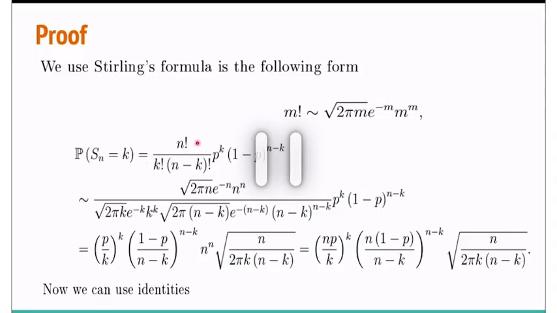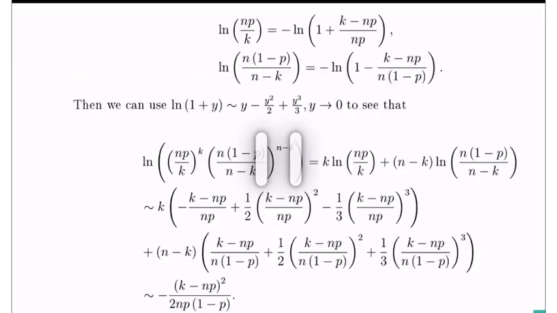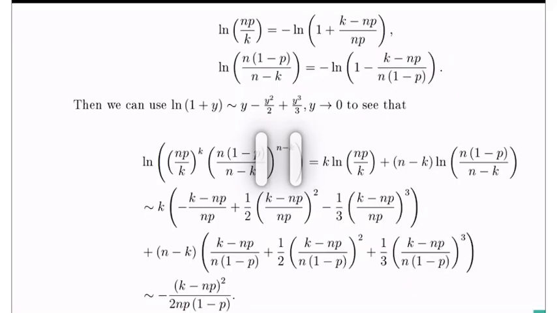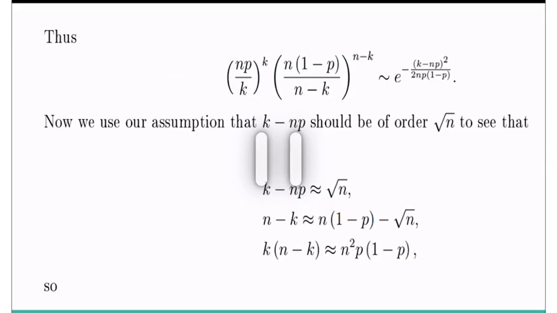Wherever you see n factorial, you use this. So n factorial can be written as that, k factorial as that, and n minus k factorial as that. Then we simplify, and at the end of the day, using the Taylor series, we are able to arrive at a normal curve.